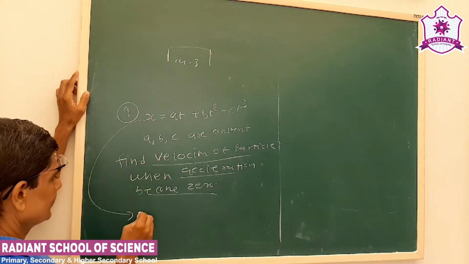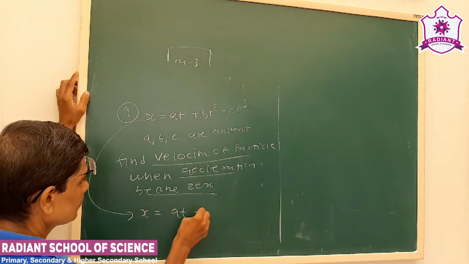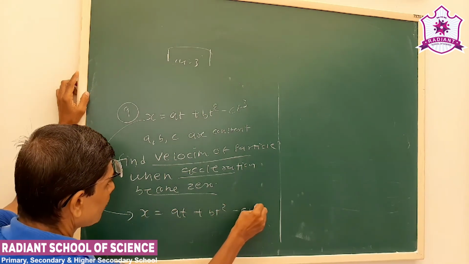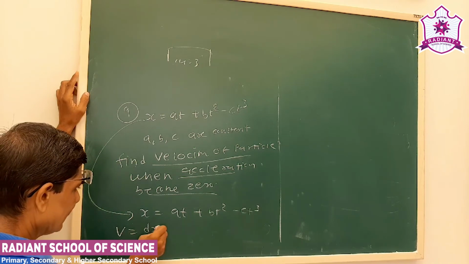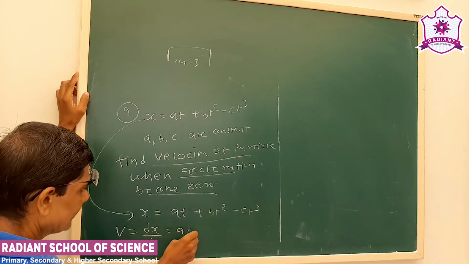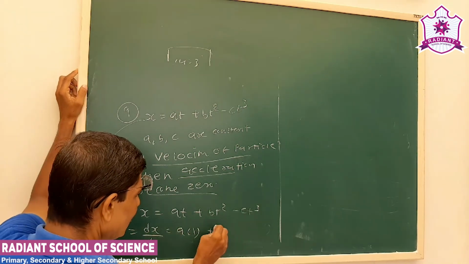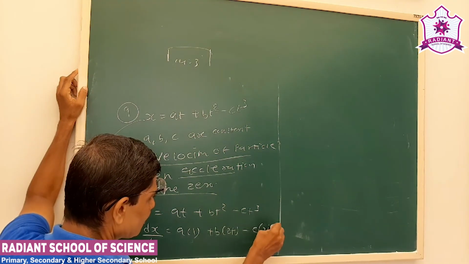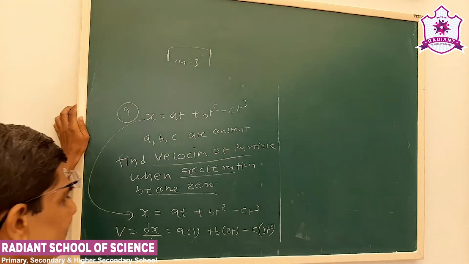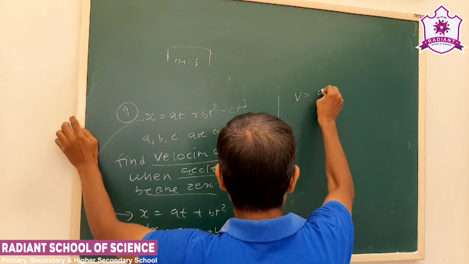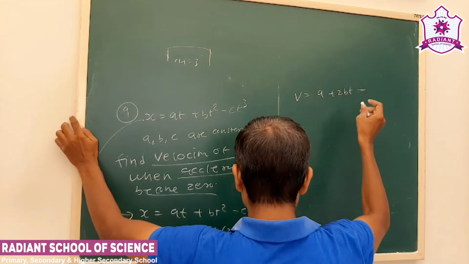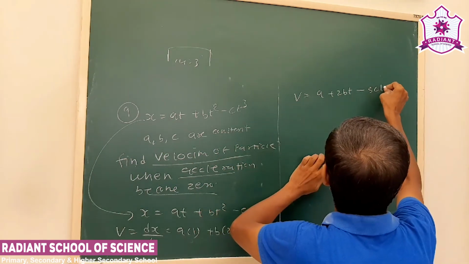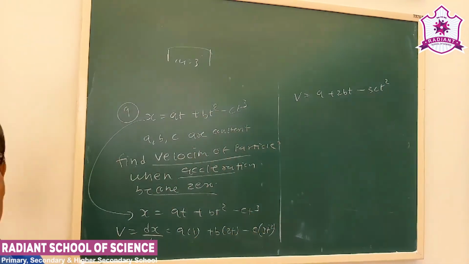See, x is at plus bt square minus ct cube. v is dx by dt. The derivative of at is a, the derivative of bt square is 2bt, c is constant, and the derivative of t cube is 3t square. Okay, now v is a plus 2bt minus 3ct square. Now this is the first derivative.